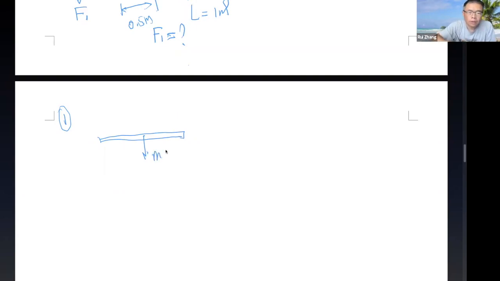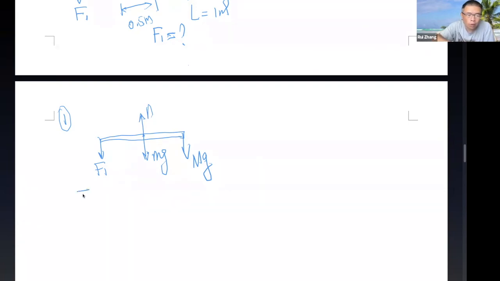So mg here, and then this here is the weight of that object, so Mg. There's also a force here that you apply. Well, there's a normal force going up at the pivot point. So these four forces balance each other.